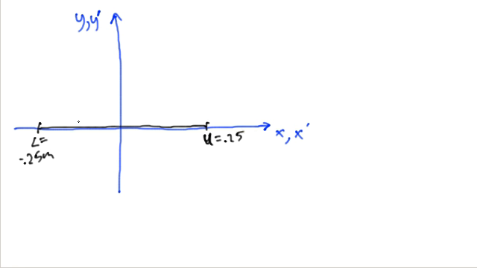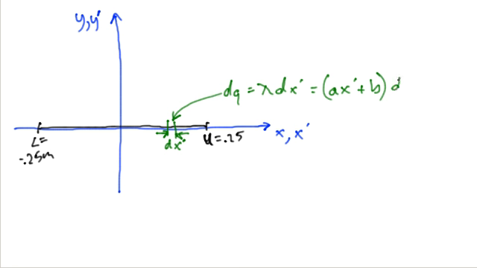Take an infinitesimal little bit of it, having width dx prime, and inside there's an amount of charge dq, which is just lambda times dx prime, or ax prime plus b times dx prime.